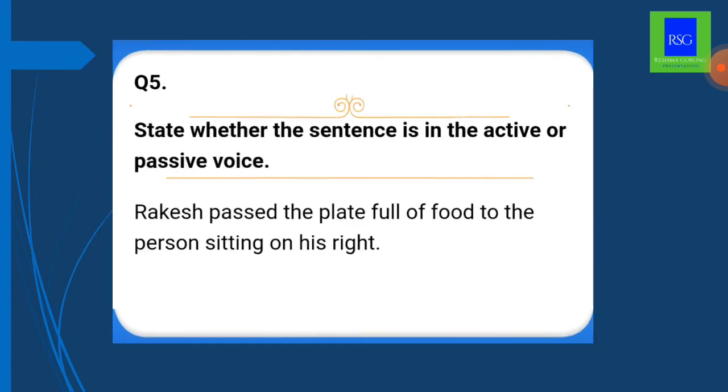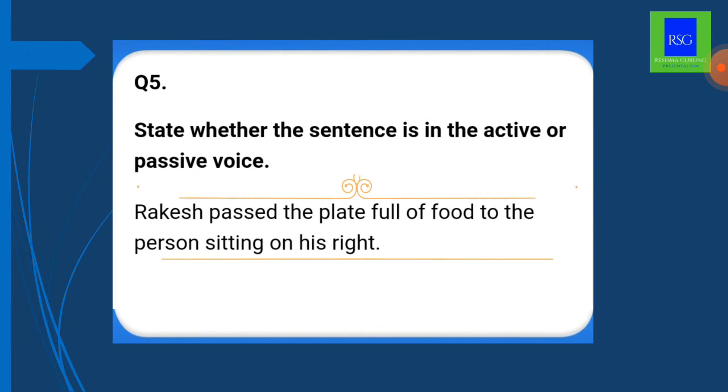State whether the sentence is in active or passive voice. I'll read out the sentence for you: Rakesh passed the plate full of food to the person sitting on the right. Now you've got to tell me whether this sentence is active or passive. What we notice is that the subject is acting upon the object directly, which means the subject is performing the action.